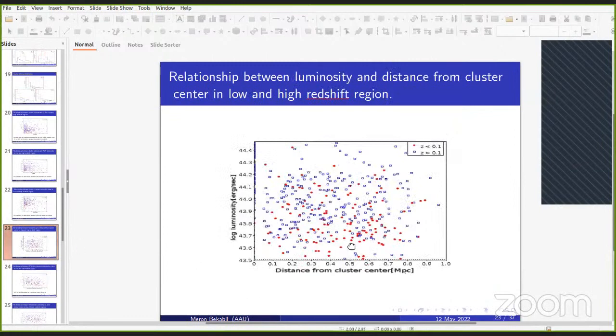The next one is where we try to see the relationship between the distance from the cluster centers and the luminosities. As you see, the distribution comes to the red one within the low redshift range and the high redshift range. They are distributed in different places, so we cannot see any correlation between them.